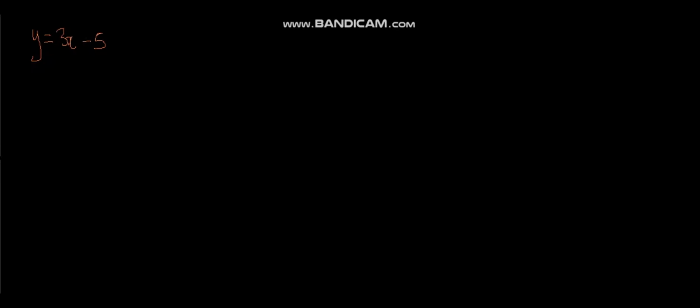We would see this at the end of this video, but first let's go through the steps. So let's call this g. So g is equal to 3x minus 5.